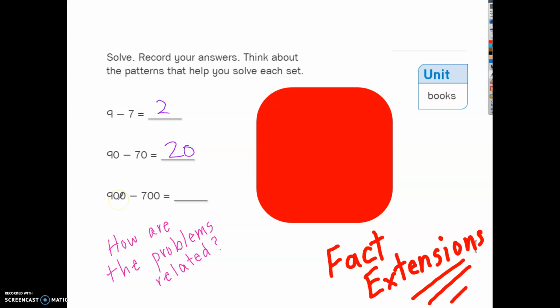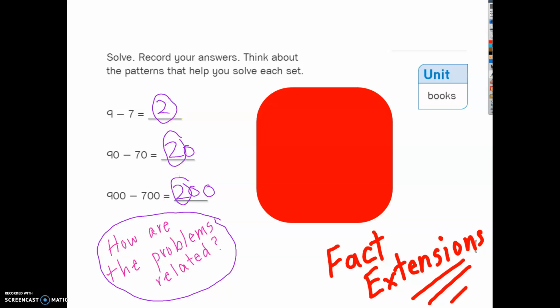If I have 900 and I take away 700, I have 200. So how are these problems related? Well, they all have a 2. Some of them have zeros, some of them don't.